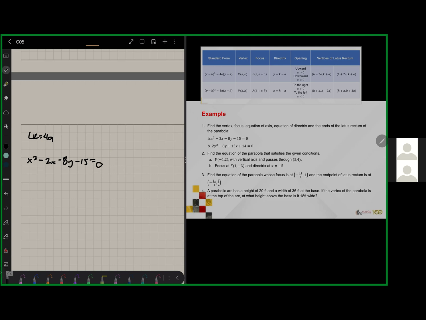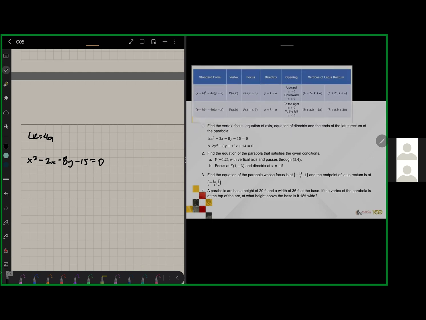Since this is our formula, let us first isolate all the values that we have. Let us isolate all the x's and the y's and the constant on the right side. We are isolating the x since it is the one that has the square value. As our observation, the squared variable is our guide on where the parabola is going to open.